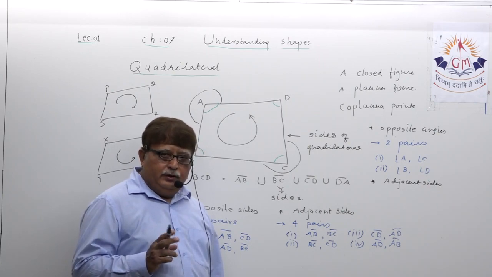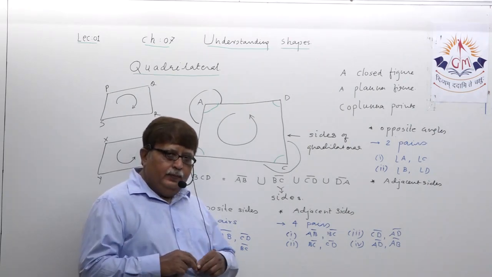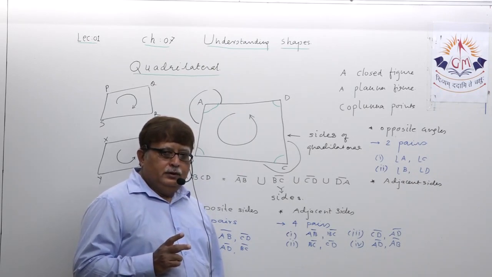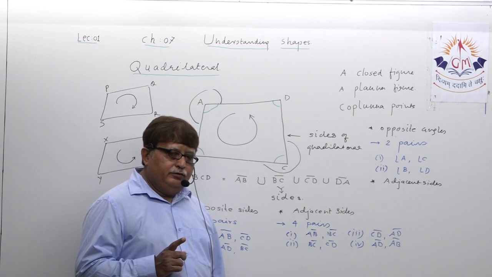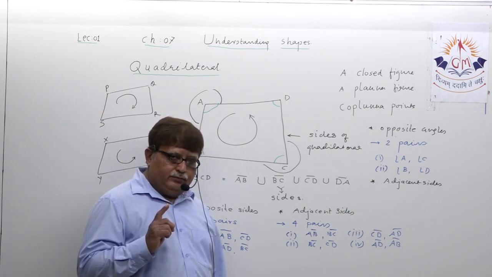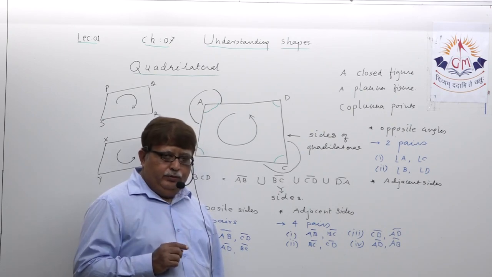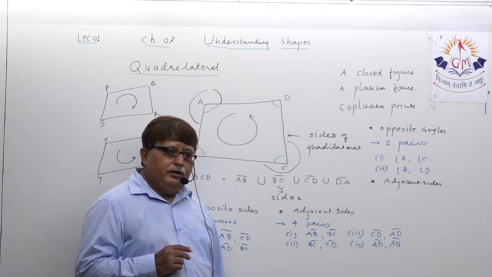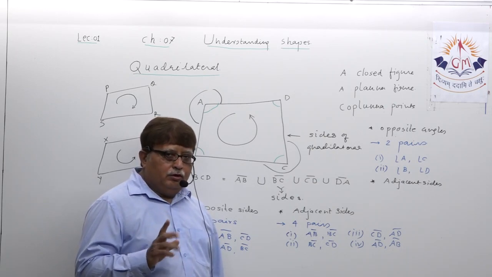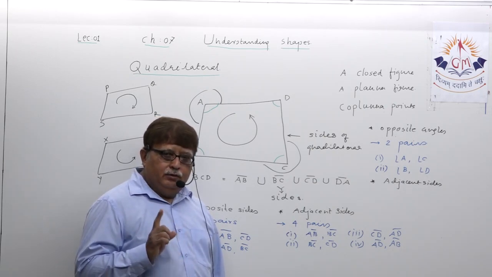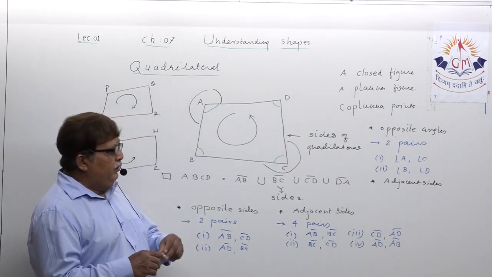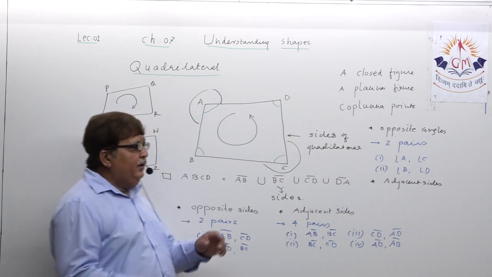Two angles having one arm common are known as adjacent angles. Repeat. Two angles having one arm common are known as adjacent angles.